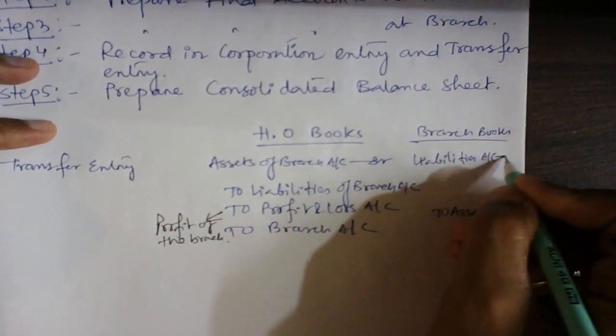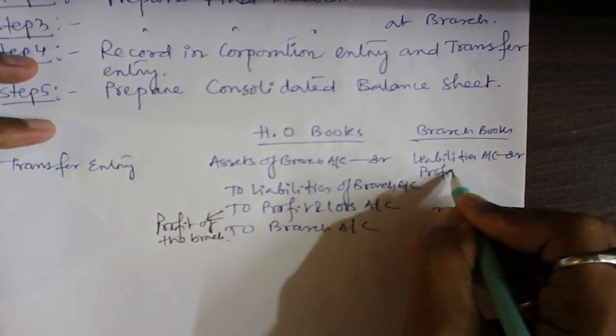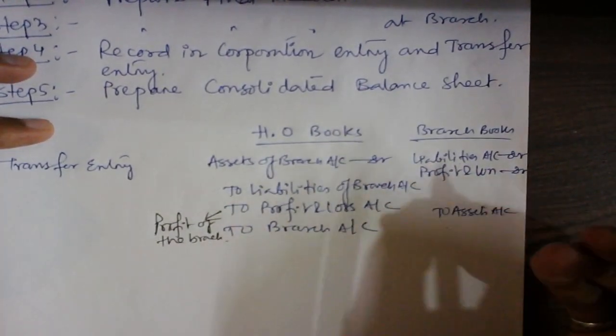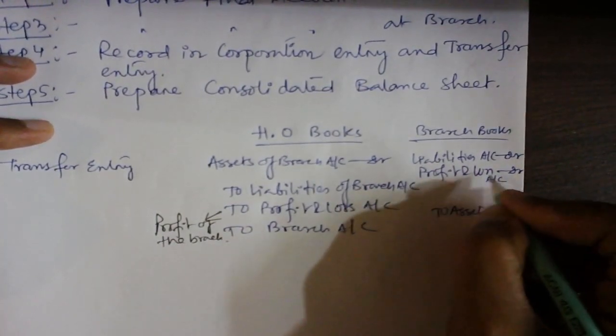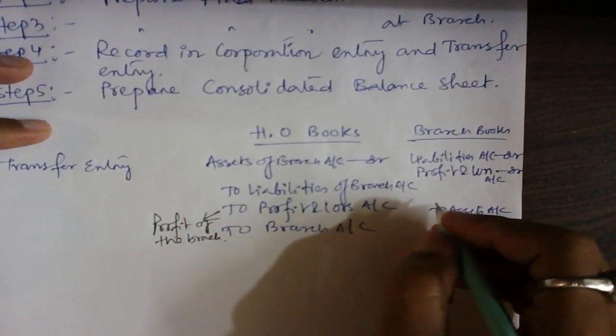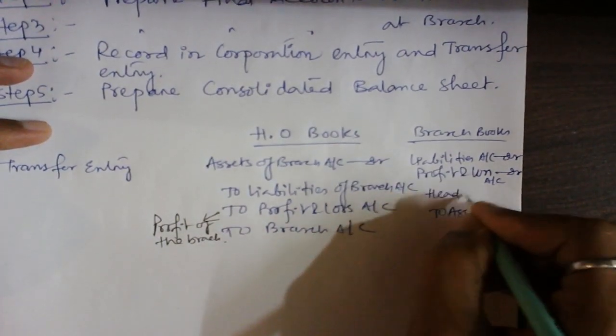That will be debited. And obviously, when the branch transfers its profit, the profit and loss account should be debited. Alongside this, we have some balances which will be remitted to the HO, so you can also write HO account.